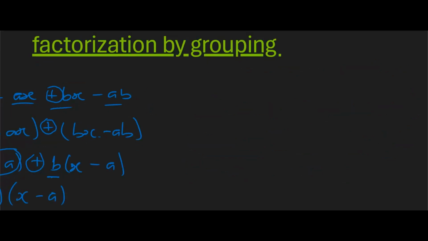This is going to be our next example. We have the expression mp plus np minus mt minus nt. So how do we factorize? Like we did in the previous one, we just have to group them into two, and then we factorize each bracket.